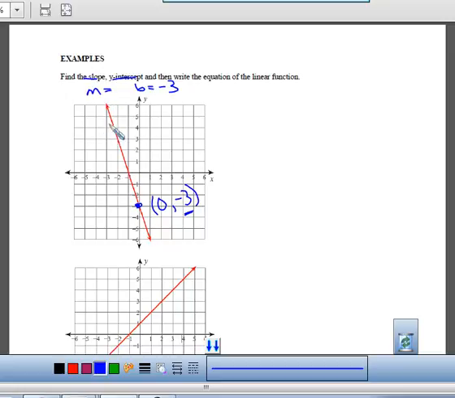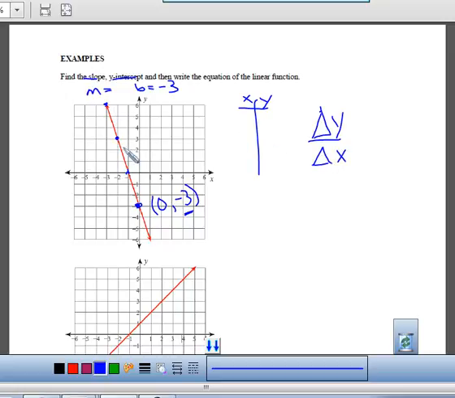M. So it doesn't matter what 2 points you use. There's actually a whole bunch on this one. We've got a point here, we've got a point here, we've got a point here. So I'm going to make a mini table, x and y. I need to find the change in y over the change in x.